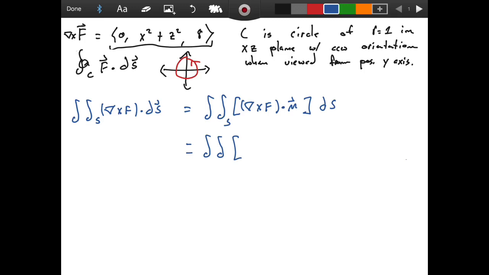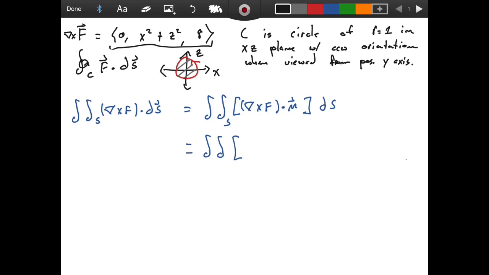All right, so now let's think about what n is. Well, actually, before we do that, we need to figure out what the surface is. Hopefully you already figured that out, but if not, that's fine. The surface is going to be the disk of radius 1 centered at the origin of the xz plane. Okay, so what is the normal vector for that surface?